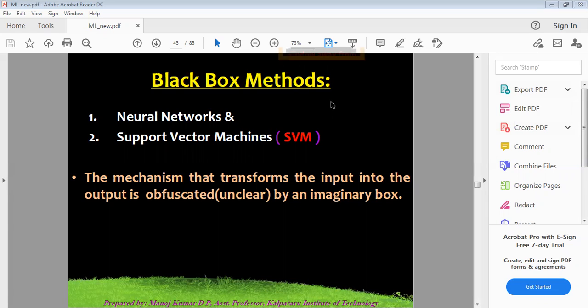So what are these methods going to do? We shall see that they transform the input into output by an imaginary box. Till now in all the things you were predicting the output.